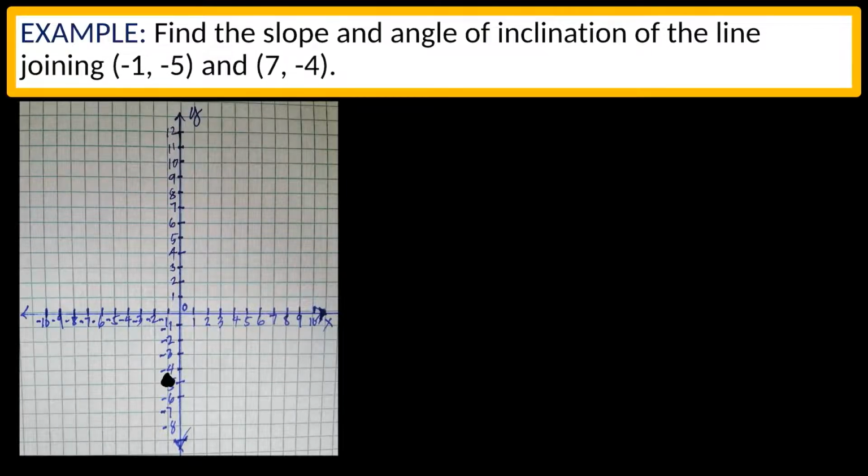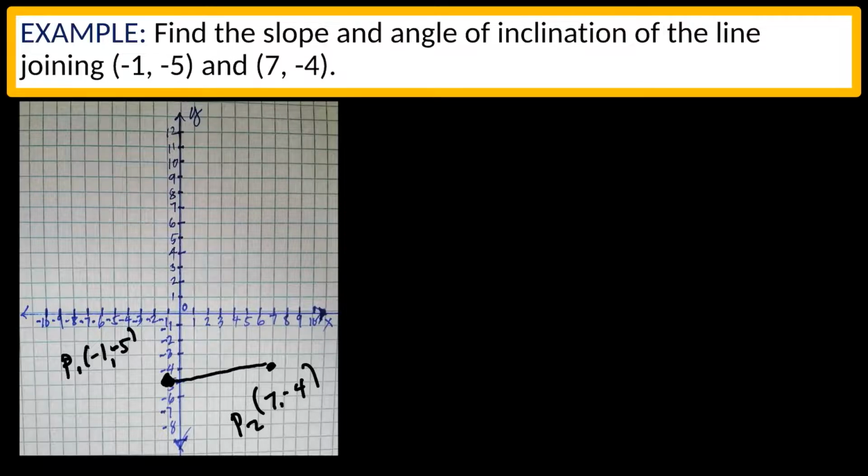This is point 1, (-1, -5). Okay, and we have 7 and -4. So 7 and -4 is here. Okay, this is (7, -4), and say that's our P2.